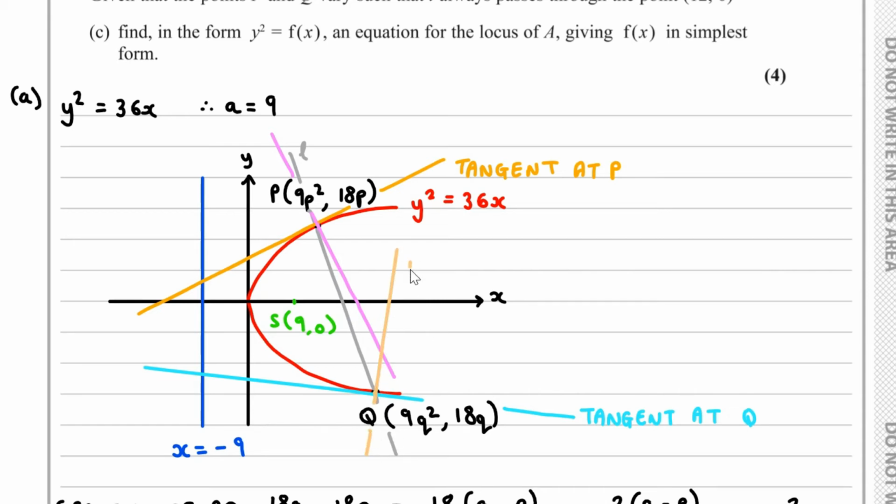So we've got here the normal to Q, and here we've got the normal to P, which we'll write, we'll continue this line over here somewhere. So here we have the normal to P, and of course they meet at the point A. So here we have A.